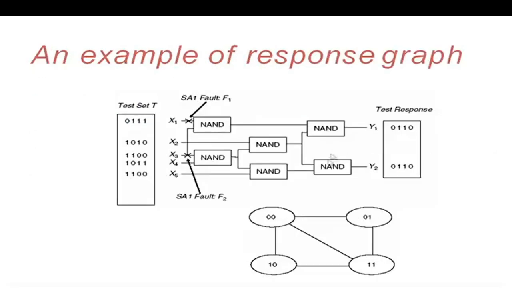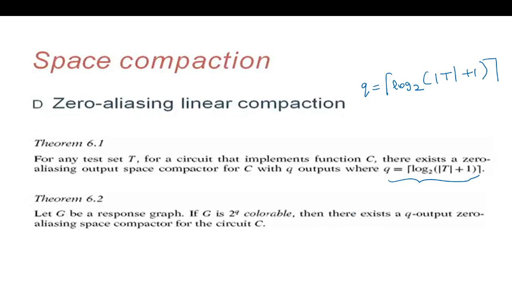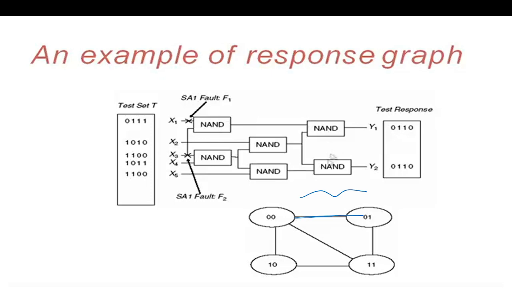So if we consider this to be the circuit where we have this as the test set, and this and this have some edge, how can we perform the coloring? Wherever there is a net, first I give a blue color here.